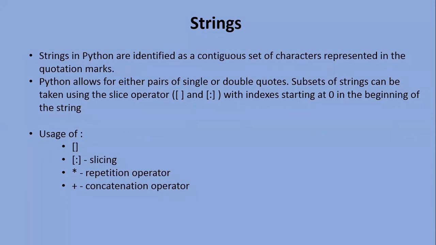You can easily create a string. The next important thing is how you will be able to access individual characters from those strings. For that, we use what are known as slicing operators, which are denoted by square brackets, or a square bracket with a colon in it.